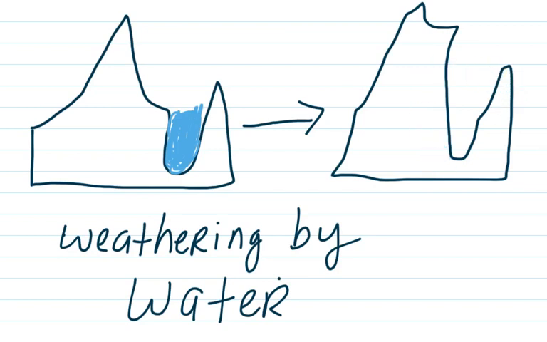The water sat there and it broke that rock down into smaller pieces and made this big divot right here. And we are going to be doing some experiments in class so we can get some further clarification. This is just getting you set up for the vocabulary and what we're going to be dealing with in class.